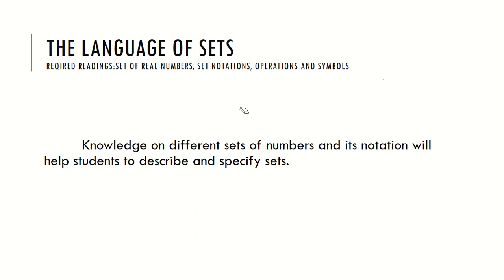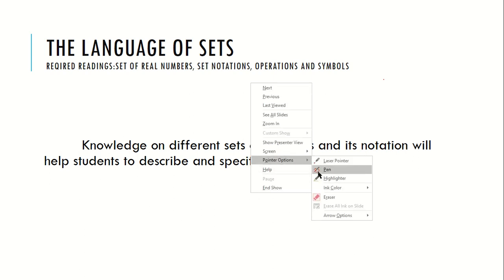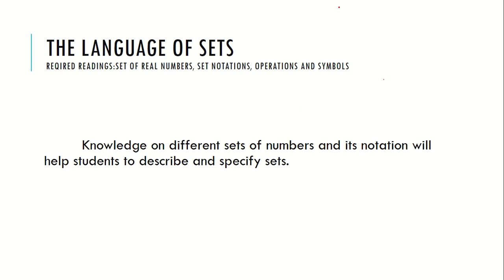The required readings are the set of real numbers, set notations, set operations, and symbols. The knowledge of different sets of numbers and their notation will help students describe and specify a given set.